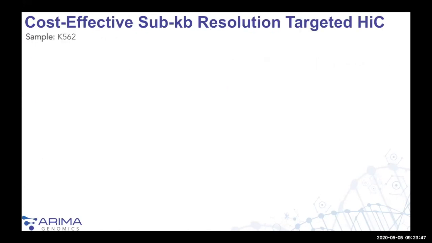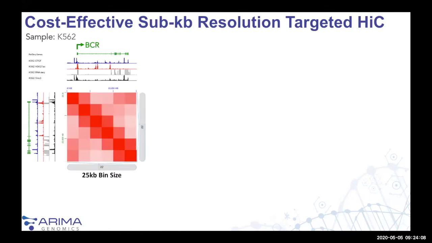So what does this data look like? This is the K562 Capture Hi-C data, and I want to step through the real benefit of an experiment like region Capture Hi-C. Let's look at the BCR gene. If you analyze this Capture Hi-C data at a large bin size, say 25 kb, you get something like this, where you can see an interaction happening off the diagonal.